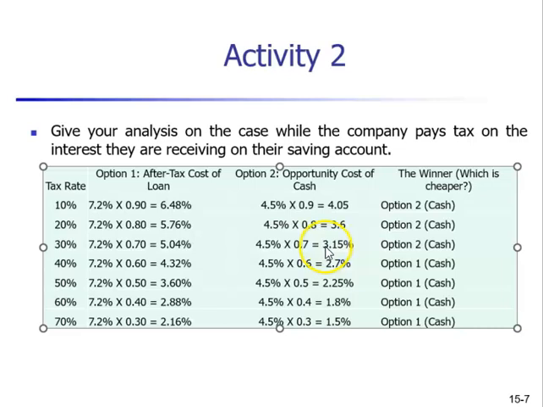So you are receiving 3.15%. So as you can see, if you go and finance the project with that 7.2%, and we are happy that, oh, we are going to get a tax shield, okay, it makes that 7.2% into 6.48%. So it means that you are still paying something, but not as much as before tax.